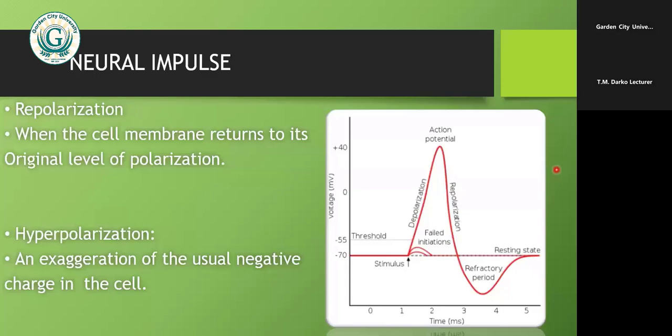No. In this case, you are trying to abort the impulse. Have you seen that it is coming down? So from repolarization, the concentration is reducing. Can't you see? It is reducing, coming down to its resting state.